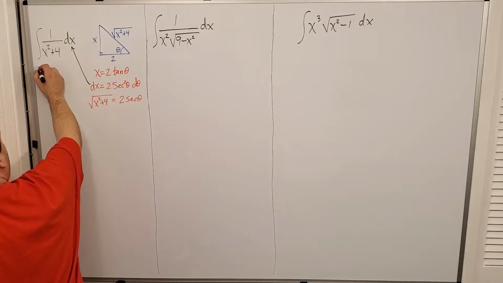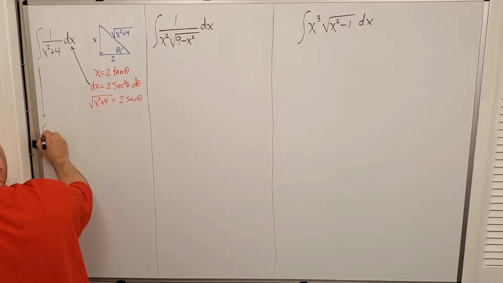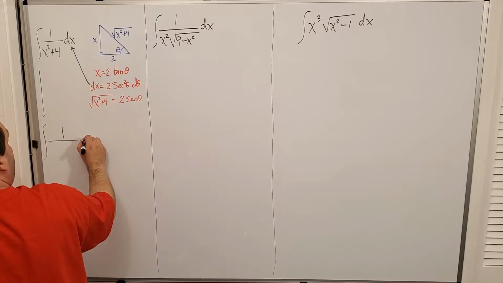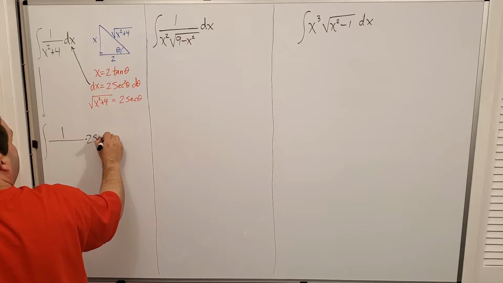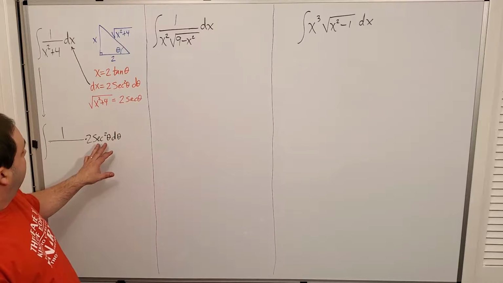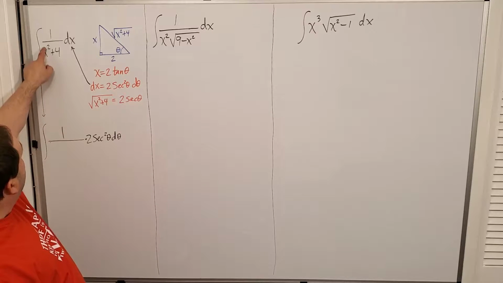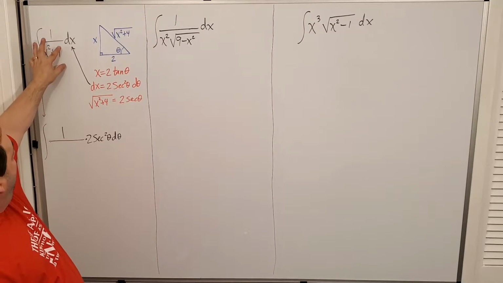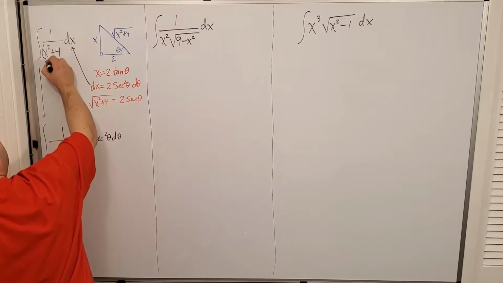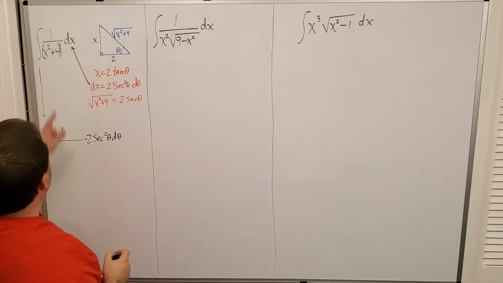Okay, so my integral, I have 1, and then I'm going to have times 2 secant squared theta d theta. That's from the dx. Next, I have x squared plus 4 all to the 1 power, right? This is all to the 1 power.